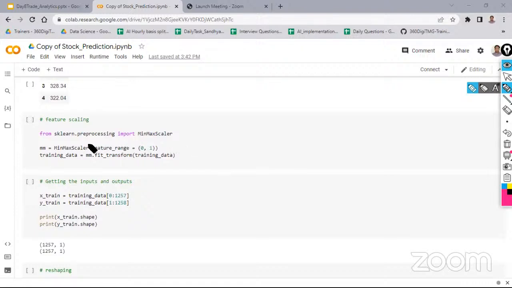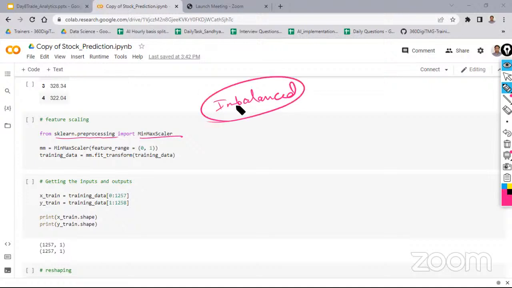So we have sklearn.preprocessing MinMaxScaler. So it is fitting the data and it is going to check whether the data is balanced or having any imbalance. So it will cross-verify and it will get updated with fit_transform.